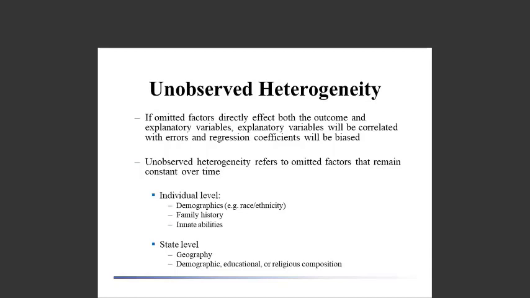So, for example, at the individual level, this may include demographics like race, ethnicity, family history, and maybe, over the short term, innate abilities. At the state level, for instance, this may be things like geography, or, over the short term at least, demographic, educational, or religious composition.